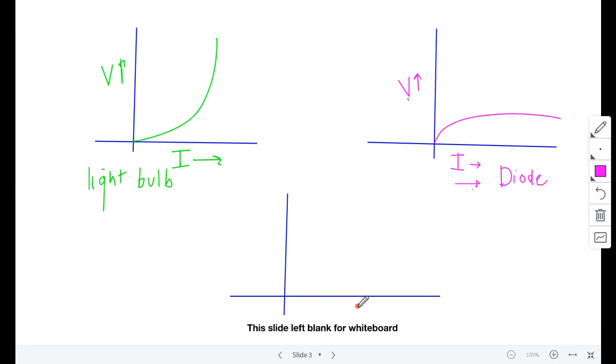But when it says that in a diode current only goes one way, what would an ohmic conductor do then? In an ohmic conductor it's also one way, because generally it's the DC circuit that we use, and DC is direct current, which means the current has only one direction.